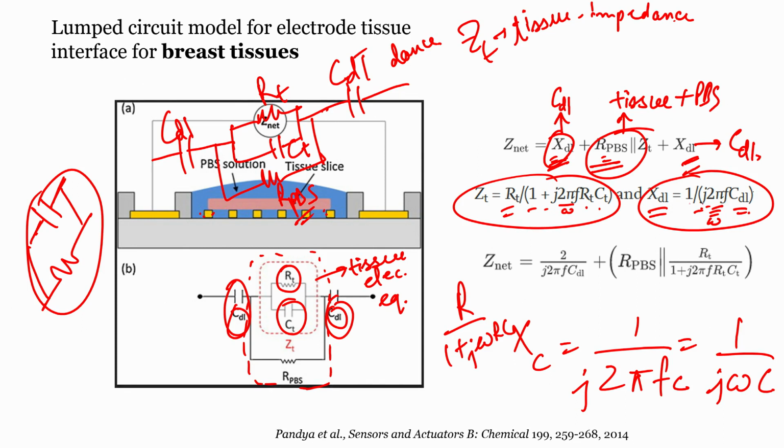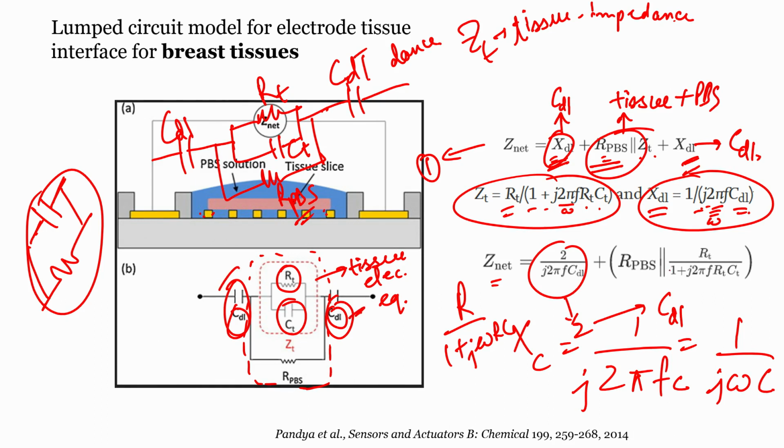Now let us substitute these two expressions in, let's call it equation 1. So when we substitute this in equation 1, what do we get? We get Z net equal to 1 over j 2 pi f CDL plus, this will be the parallel combination between RPBS and ZT. This is by 2 CDL, one on this part and one on this side.